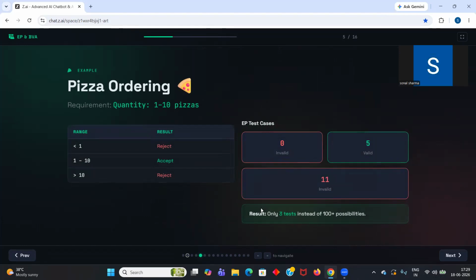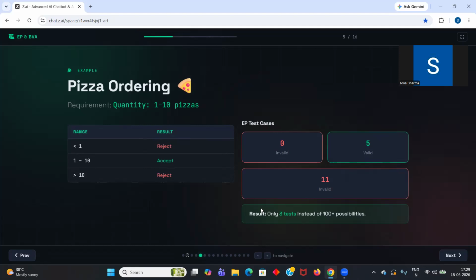Let's take one more example. The requirement here is the quantity of pizza could be only between 1 to 10. So you can divide this input range into three groups. Less than 1, 1 to 10 and more than 10. Less than 1 should be rejected, 1 to 10 should be accepted and more than 10 should be rejected.